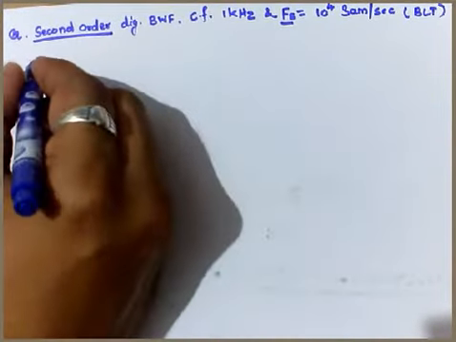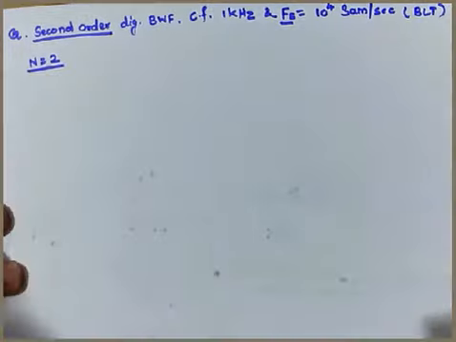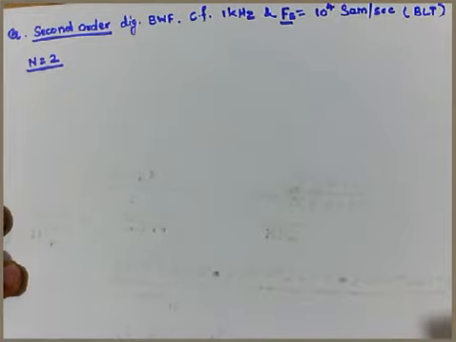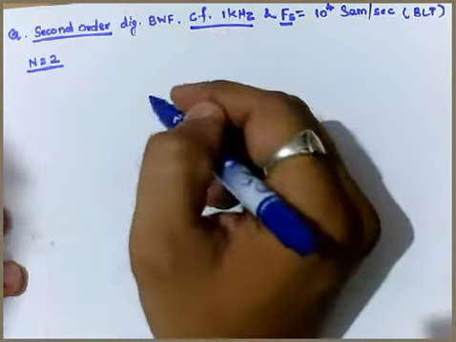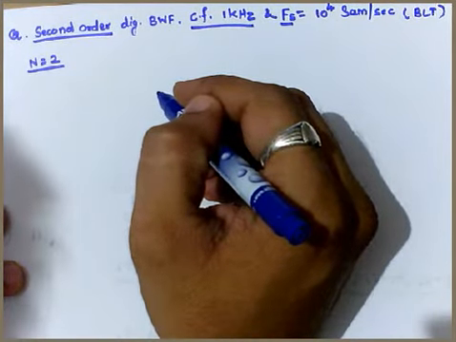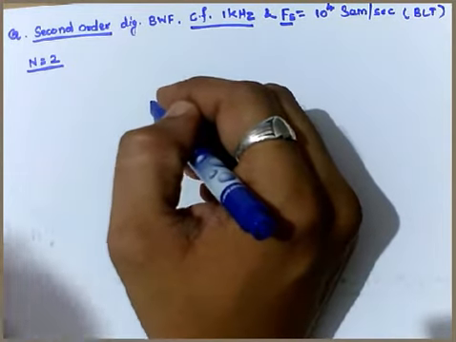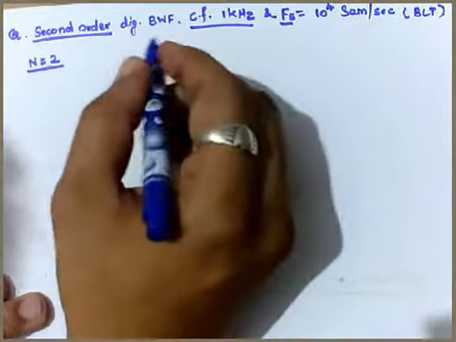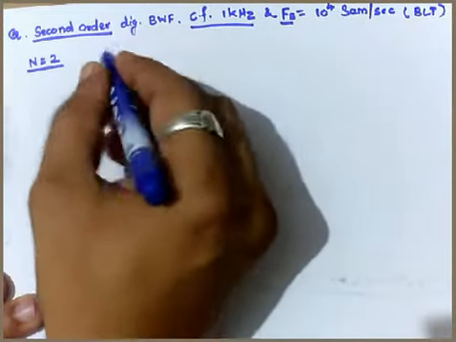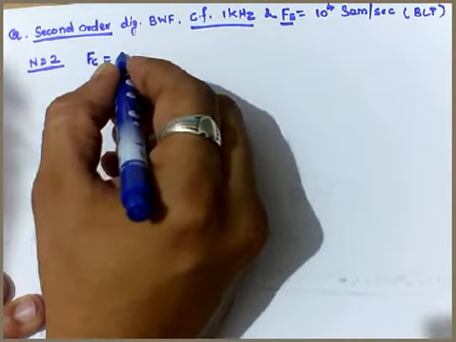Second order filter means obviously capital N is directly given. It is nothing but N equal to 2. Now it is given that the cutoff frequency is of the analog filter, because it is not directly the digital quantities which we expected. So this is the analog cutoff frequency, Fc.